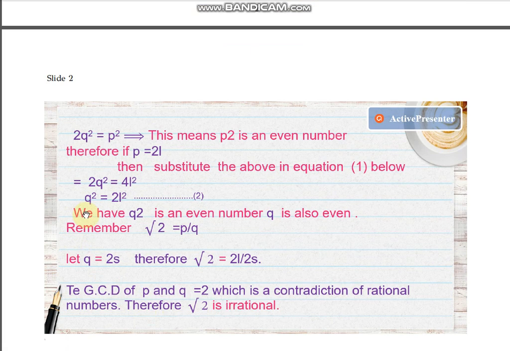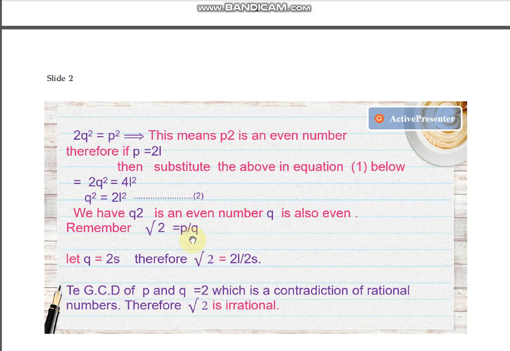Therefore, we now recall how we had represented the square root of 2 above.